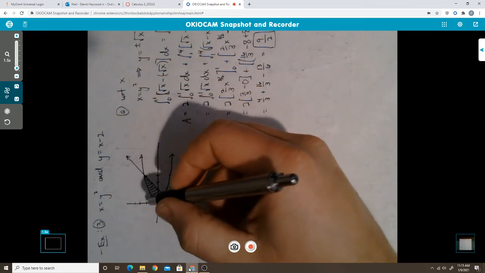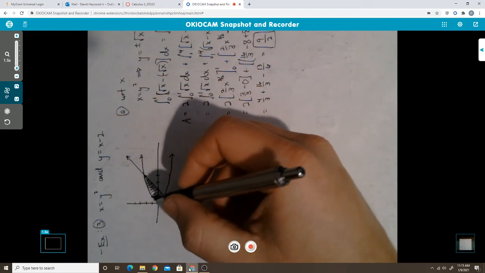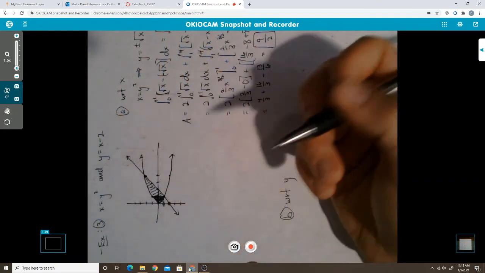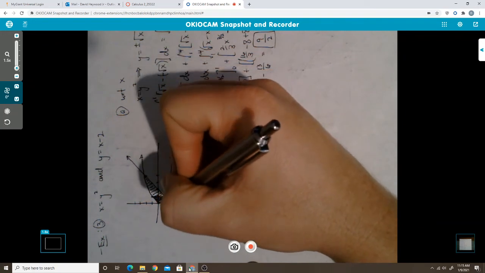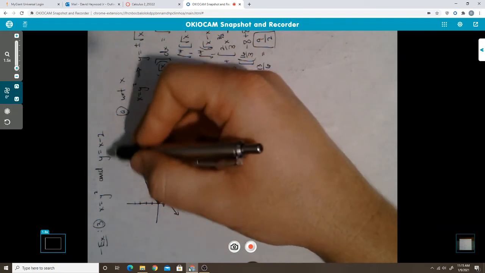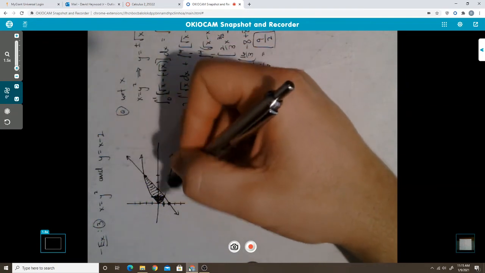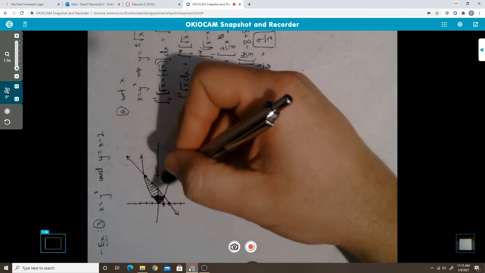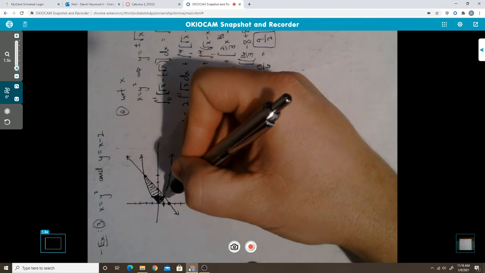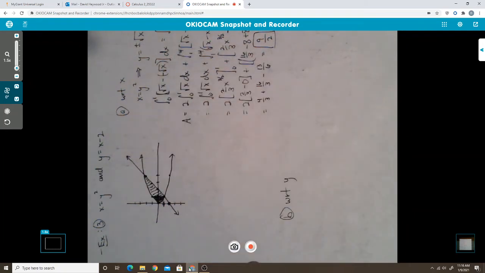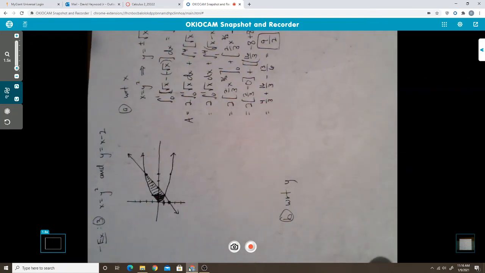We're going to want to integrate from negative 2 to positive 1, and we're going to want to do this function, which we're calling y equals x minus 2, but we have to rewrite that, minus this function. It's a little bit more straightforward if you tip it over on its side.